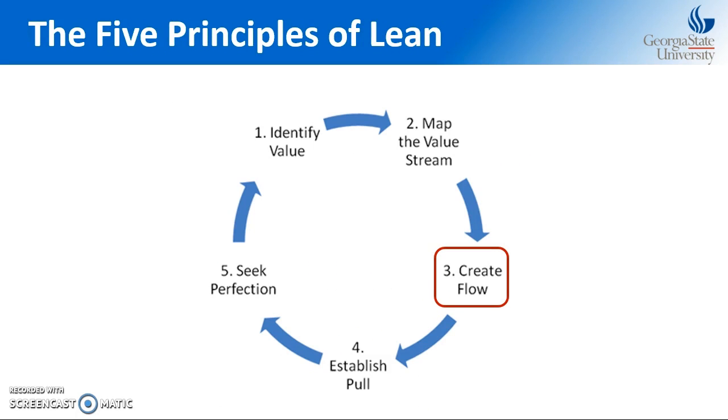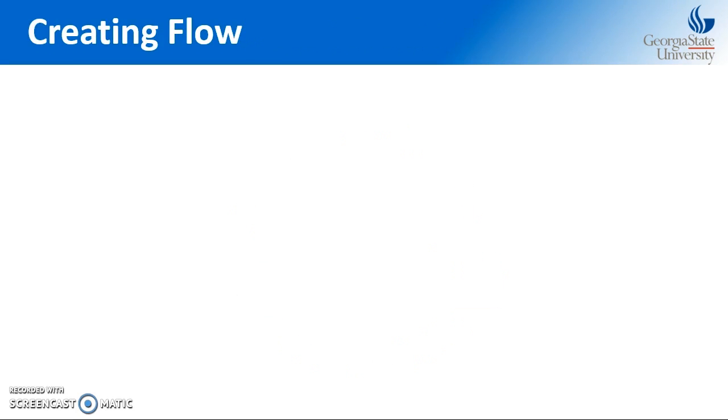When we talk about creating flow, what we are talking about is having a seamless flow of activities where we are not starting and stopping during our process. And so let's take an example using a BPMN diagram to better understand creating flow.